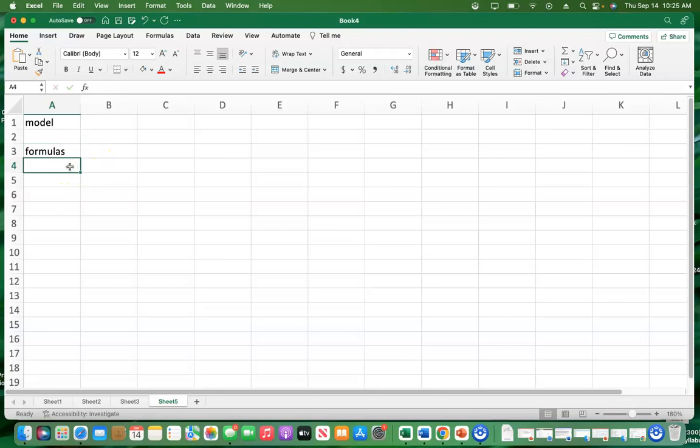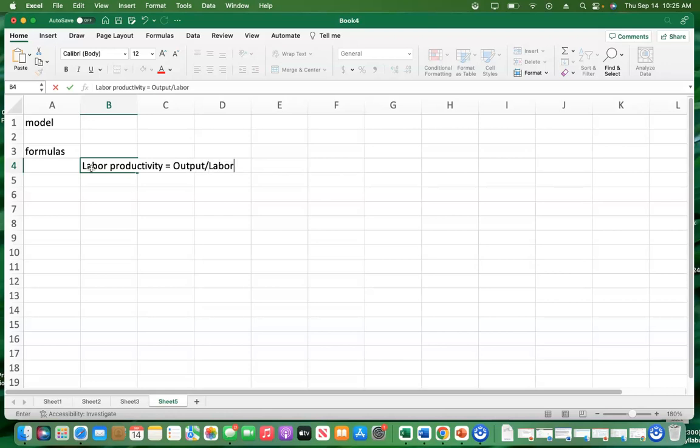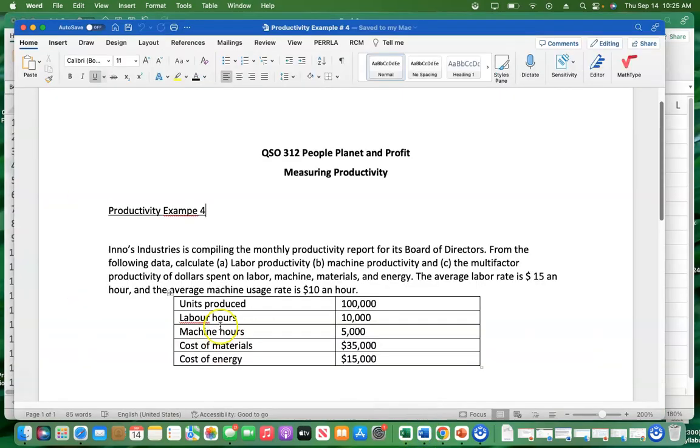So the first formula we're going to look at is labor productivity. In this case, labor productivity will be the output per labor. But you can see that we are given labor hours, and so we can find productivity by looking at output per labor hours.